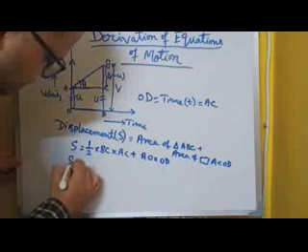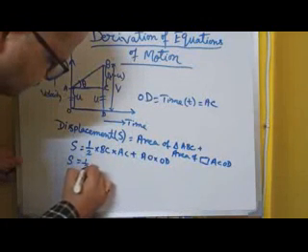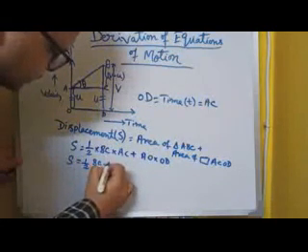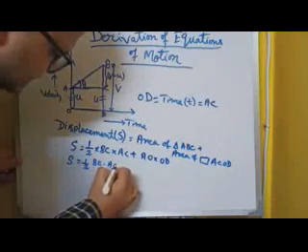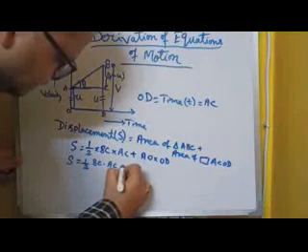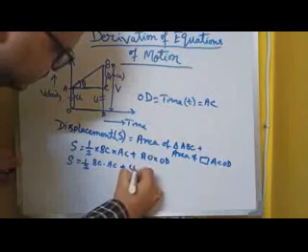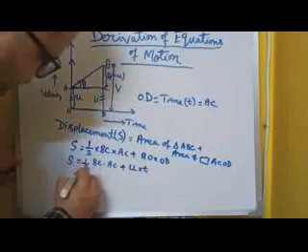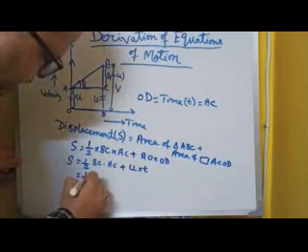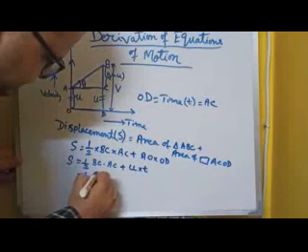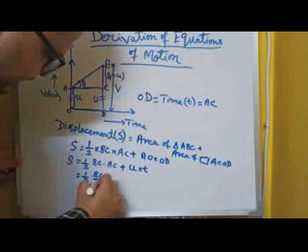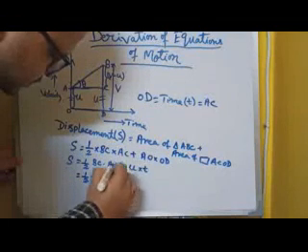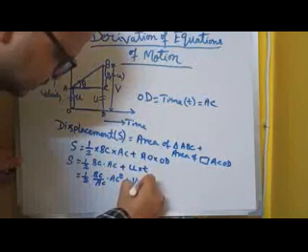So from here we can write half BC into AC plus AO, that means U, into OD, that means T. Now you just put it here, half BC divided by AC, and here is AC whole square, plus UT.